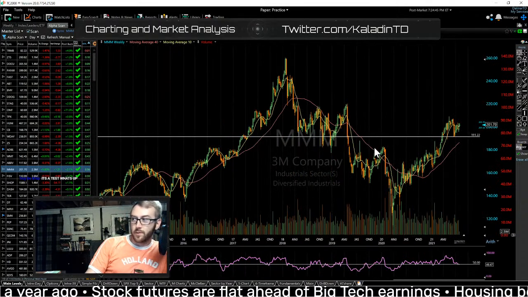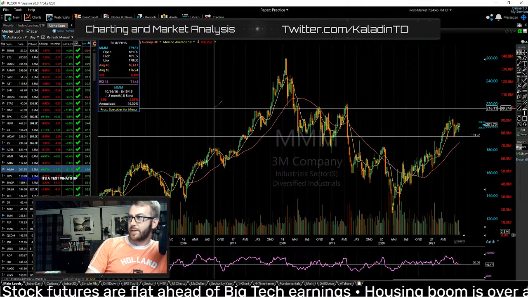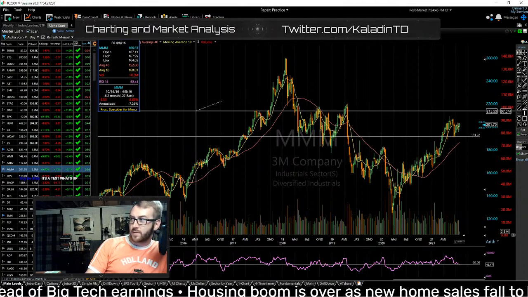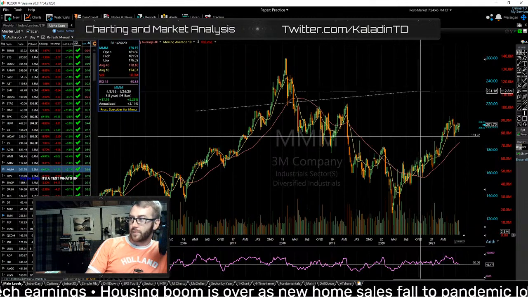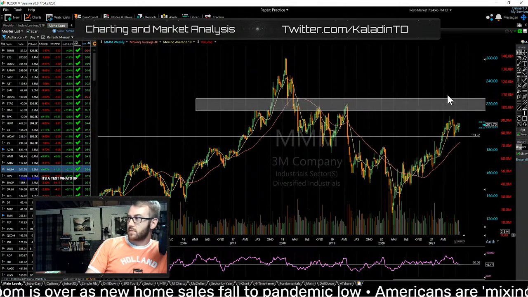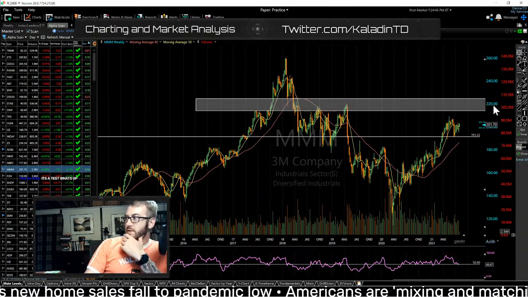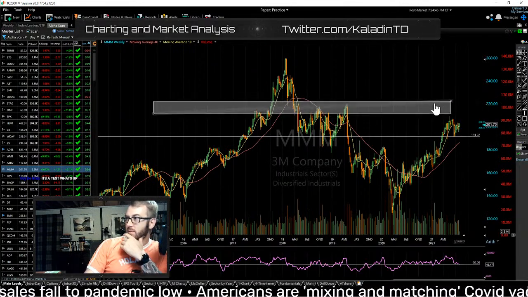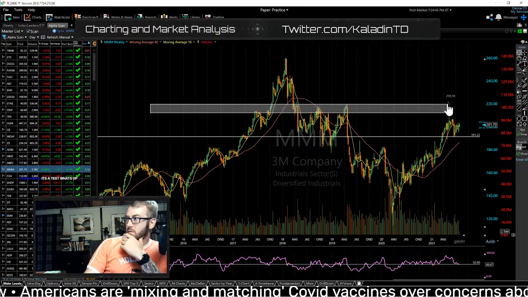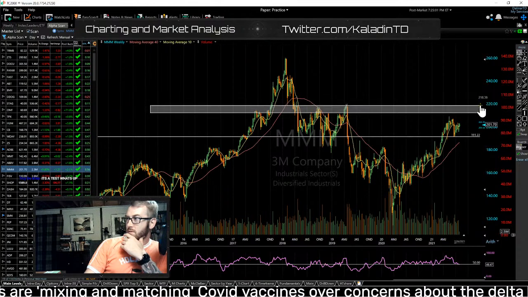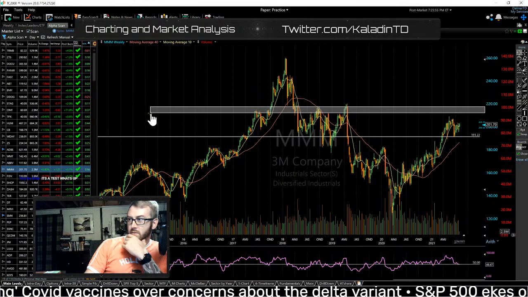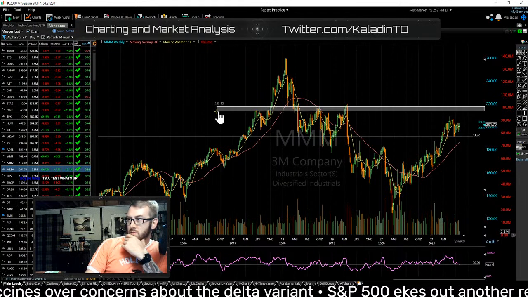Alright, so it looks like we're holding this range pretty well here. I would put kind of maybe a rough resistance area somewhere around here. Put a box here. This is a little too wide, but somewhere around right there.